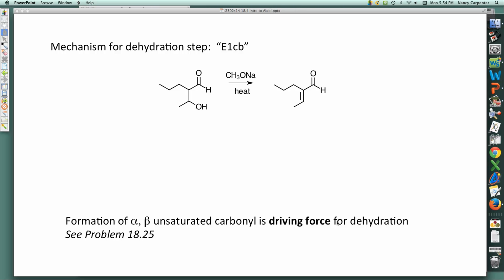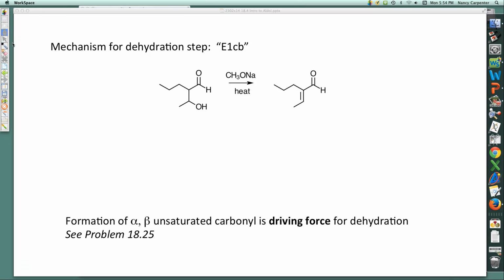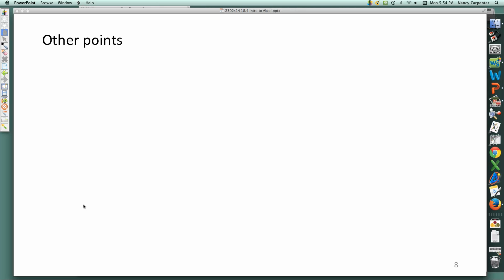So yes, you can kick out a lousy leaving group, but only if you're making a humongous thermodynamic sink that's driving you to a very stable product. So problem 18.25 will help you, well, I think help convince you that this isn't totally random magic. I hope.